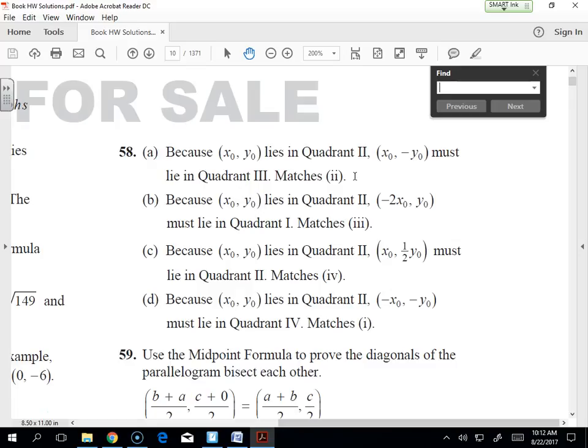Because if the y is negative, then it'll be the exact same point but flipped down. Instead of going up y, you'll go down y, and that's why it matches with little double I, or little 2. Does that make sense? So if you have not changed letter A's question to reflect, please do so now: x sub 0, negative y sub 0.